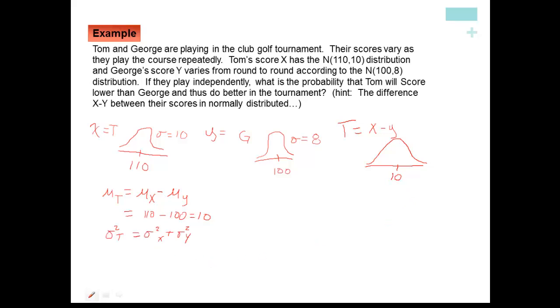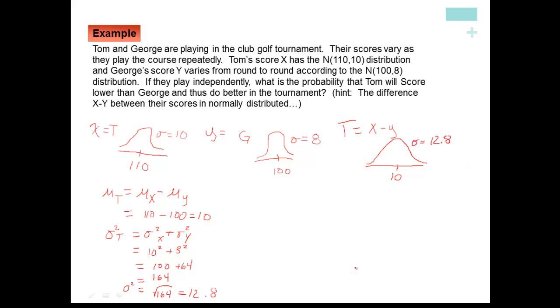To find the standard deviation of my total, I need to do it from variance again. So the variance of the total will equal the variance of x plus the variance of y. So the variance for the total will equal 164. To find the standard deviation, I'm going to take the square root of 164, and that ends up being 12.8.